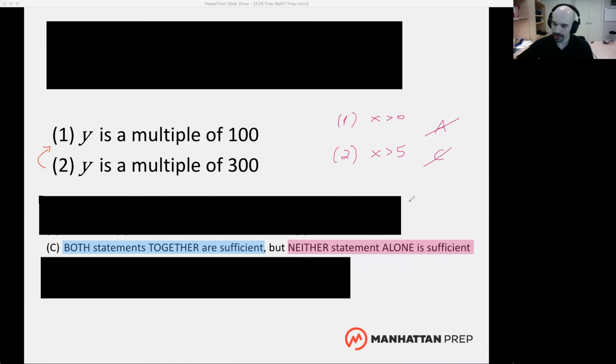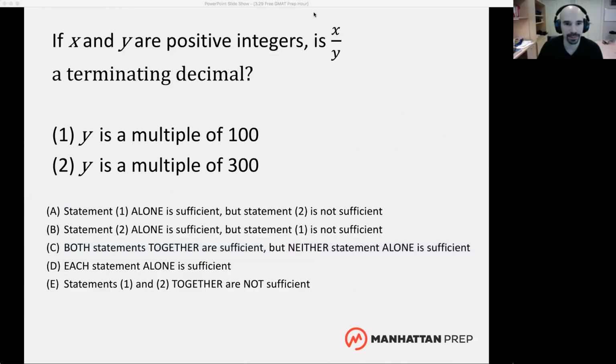Cool. So we can eliminate answer choices A and C in this question without even understanding what the question is asking. By testing cases, we showed that statement 1 is not sufficient on its own. Statement 2 is not sufficient on its own either because X could be 300, and Y could be 300, in which case the fraction would just be 1.